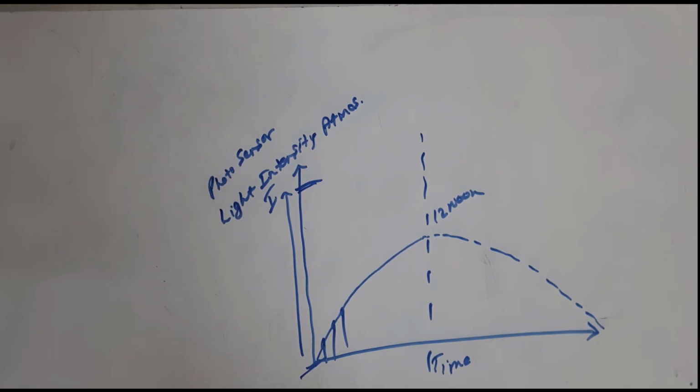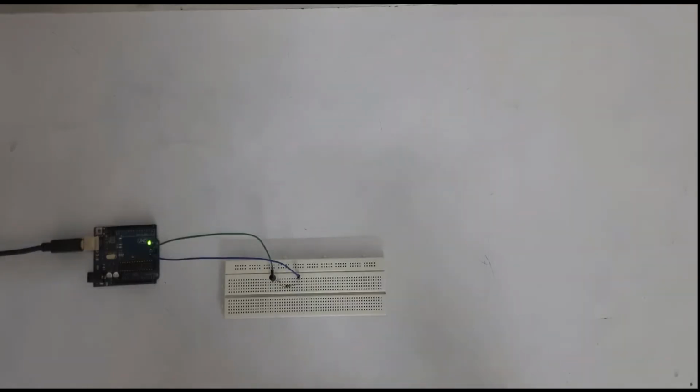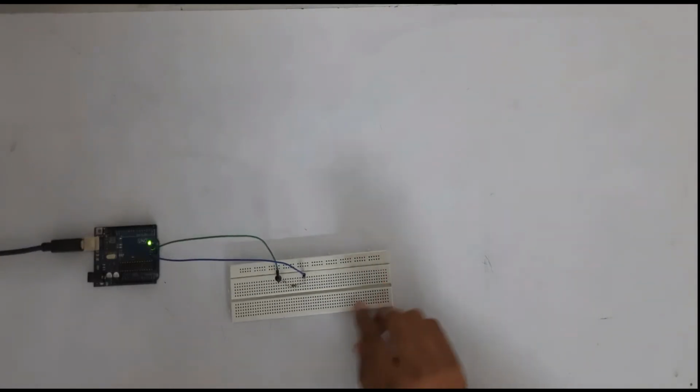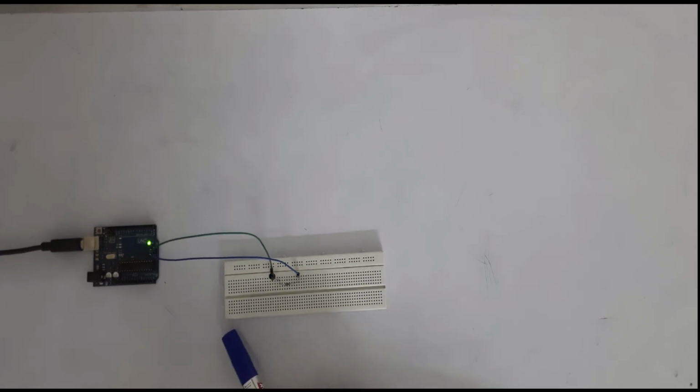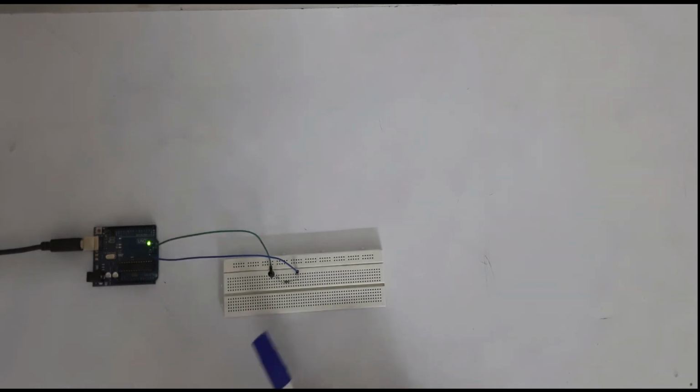As you can see on screen, we have a photo sensor here. This is a photo sensor circuit. This is the photo sensor, and we are using this Arduino board just to power this particular circuit. We will try to take different readings at different intensity levels.